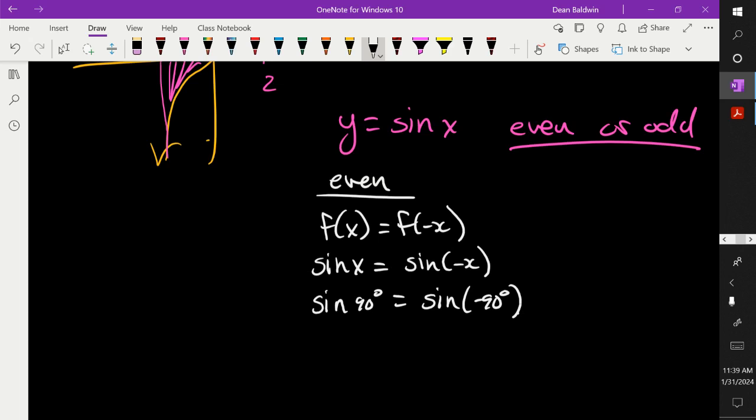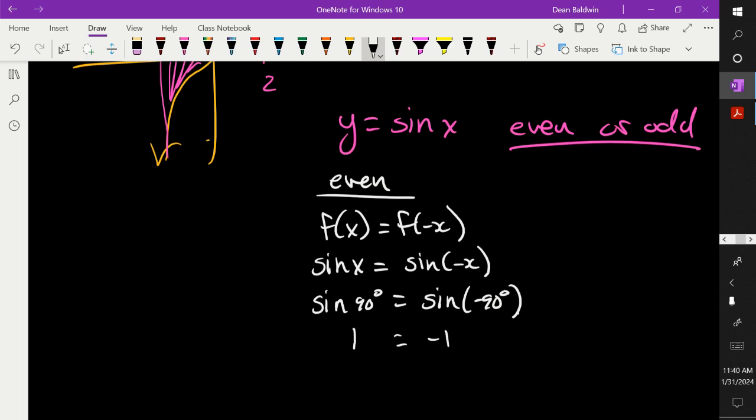Put that in your calculator and tell me if it's a real thing. What's sine of 90? You've got to be in degrees if you're going to do it. What's sine of negative 90? -1. Are they equal? No. Therefore, is sine even? No.